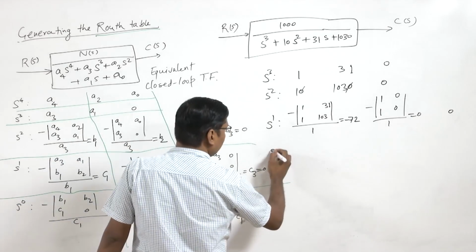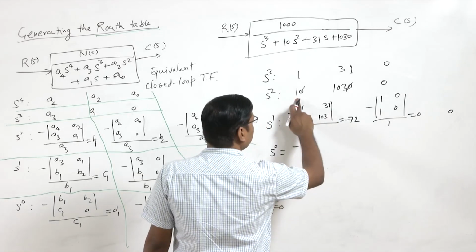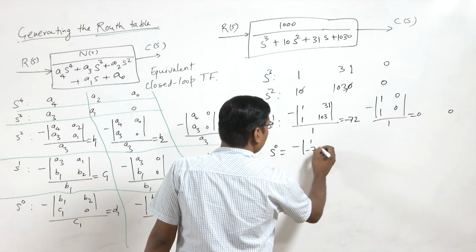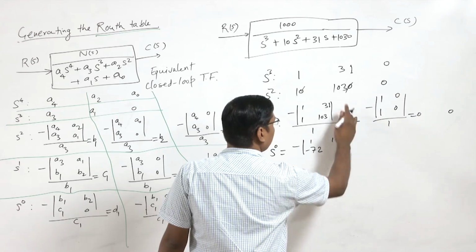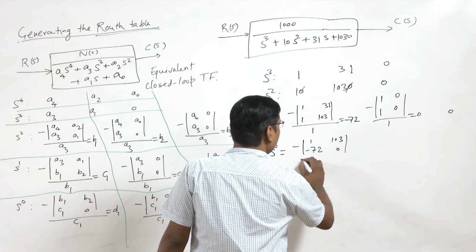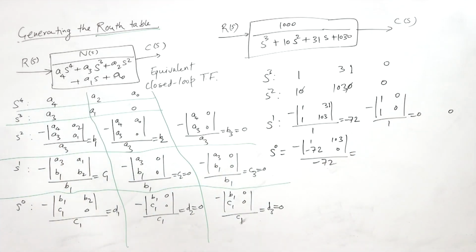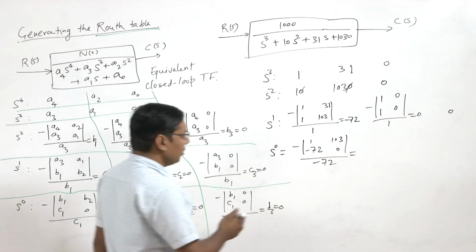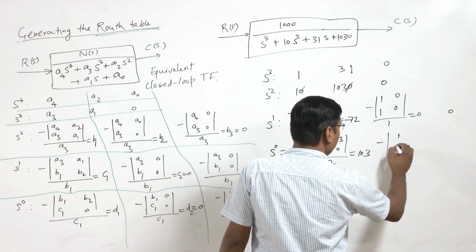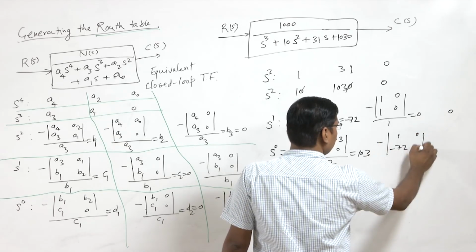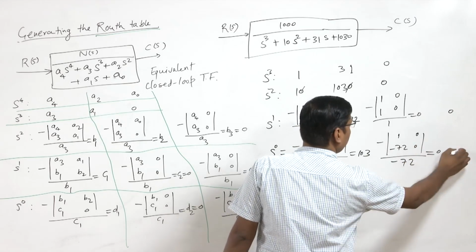Now come to S0. So again minus, here is 1, this is minus 72 and then the next one 103 and then 0 by minus 72 equal to 103. Now this one minus 1 minus 72 and 0 0 by minus 72, that is equal to 0 and this is also 0.